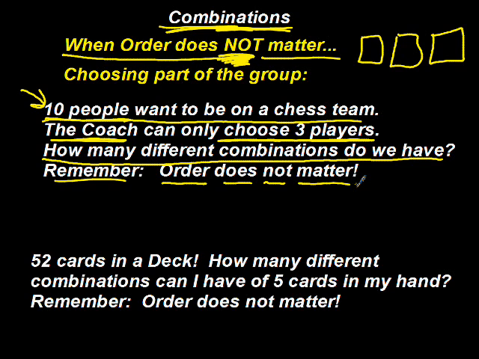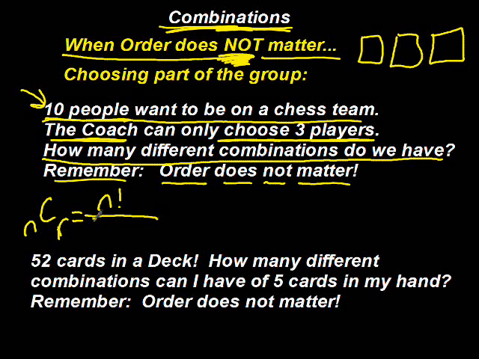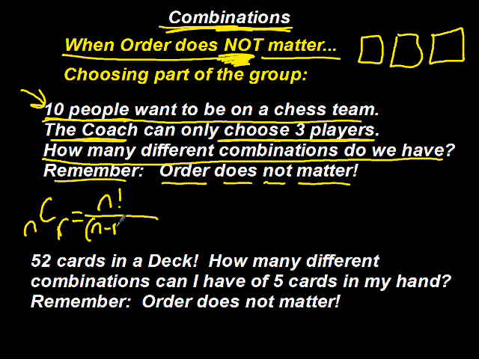We end up using combinations, and we'll have some number nCr, just like we did before, but now we're using combinations, and we'll have n factorial divided by n minus r factorial. Now I'm going to add in an r factorial there.